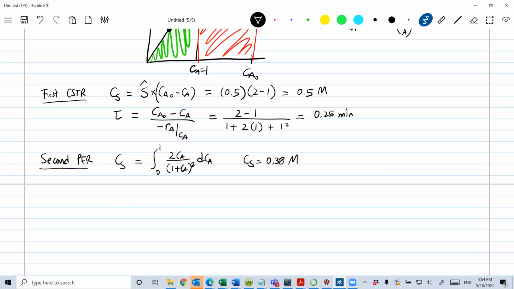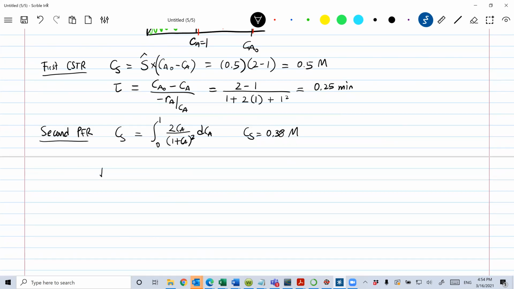Okay. Now you can also do the tau. So d tau is actually equal to minus dCA over minus RA. This is a very simplified version of the design equation, which is equal to 1 over 1 plus CA squared dCA.